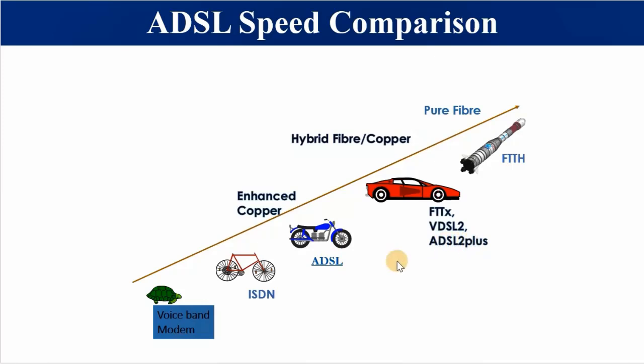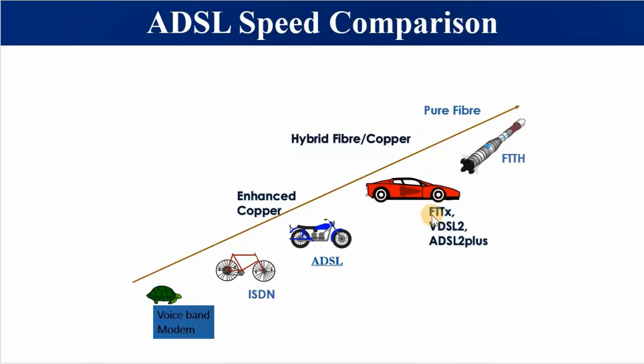ADSL2 plus has a maximum downstream speed of 8 megabits per second, and this one has a maximum downstream speed of 24 megabits per second. Hence its speed is being compared to a motor vehicle. We are assuming that the speed of this motorbike is less than the speed of a motor vehicle.